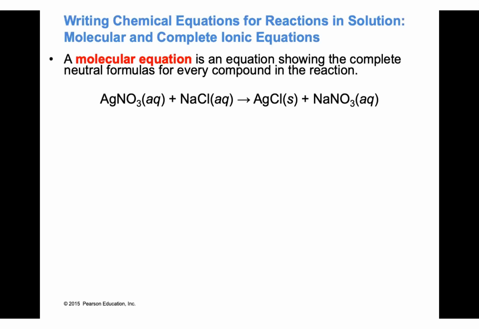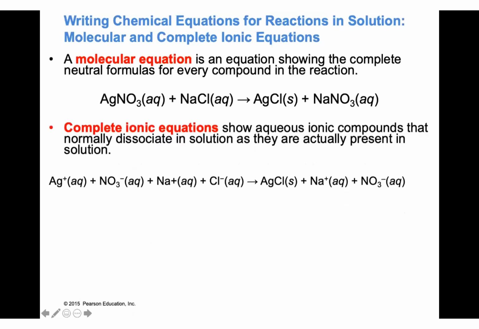So when we have that, we should separate these molecules from each other to write down the complete ionic equation. As you see at the bottom where I'm pointing, it means you should make them ions, and we should be really good with charges.